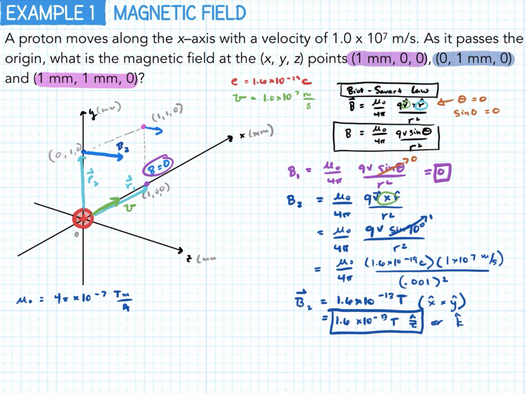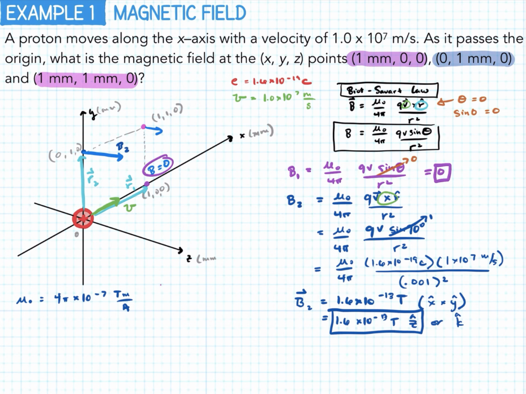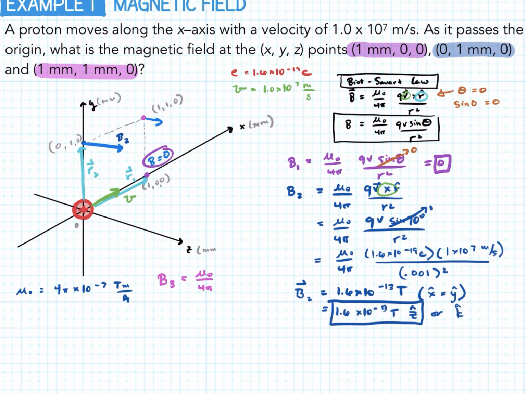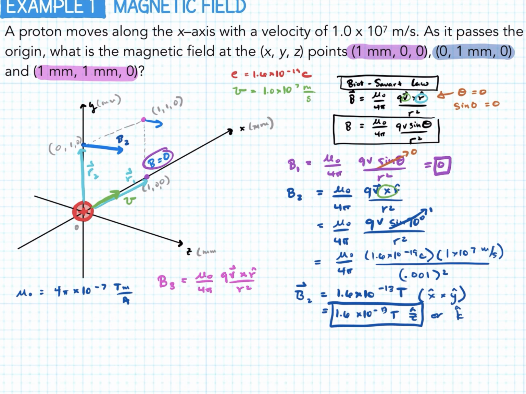And then last but not least, we have B3, which is mu naught over 4 pi QV cross r hat over r squared, where V is the same.